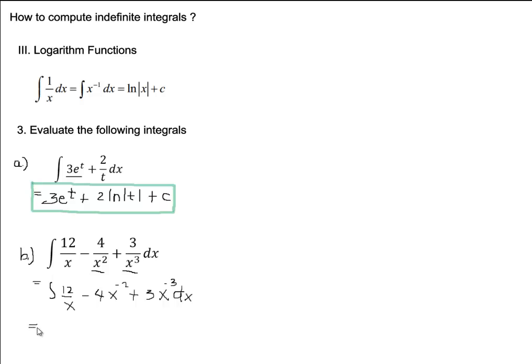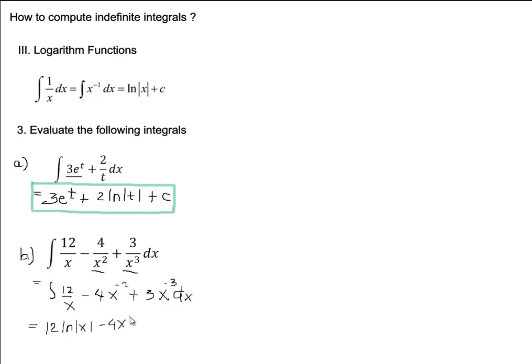Okay, for the first term, the integral of 12 over x, so we have 12 ln of the absolute value of x, so minus 4. Using the integration formula for the power, we need to add plus 1 to the exponent.